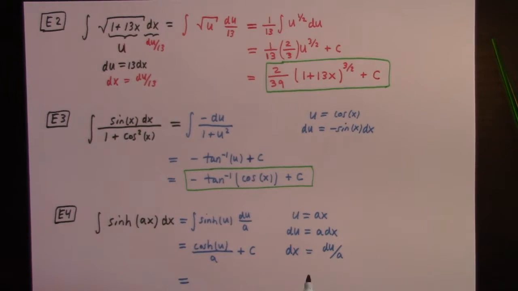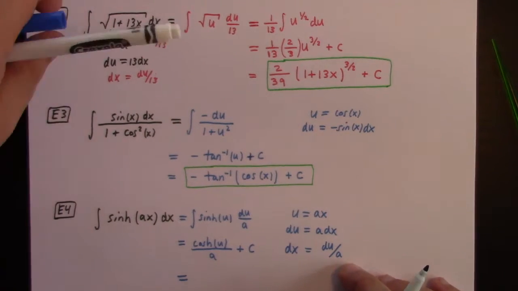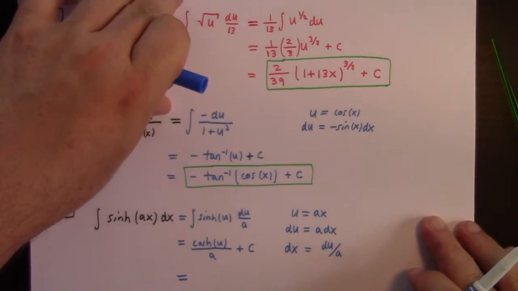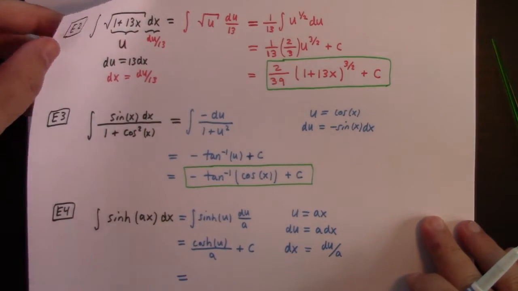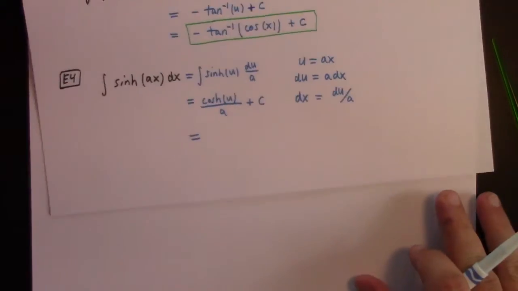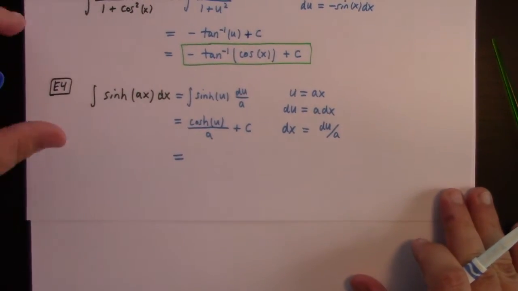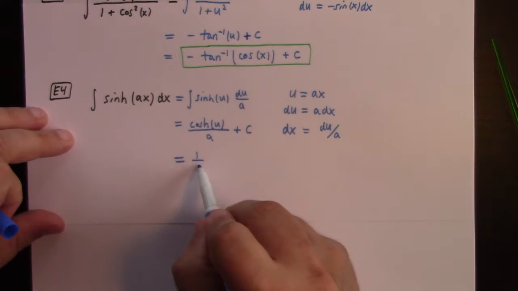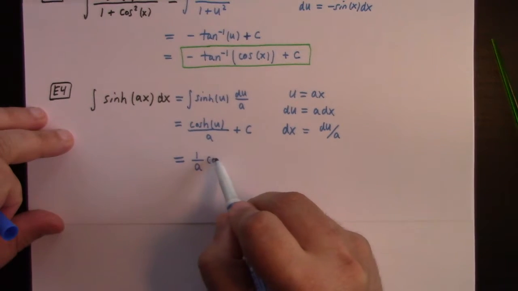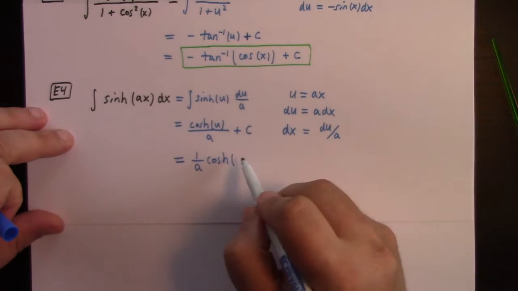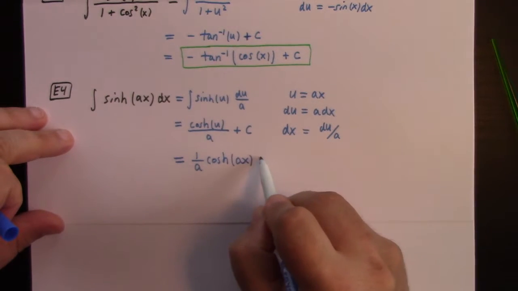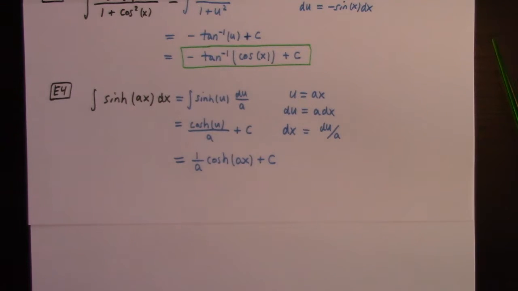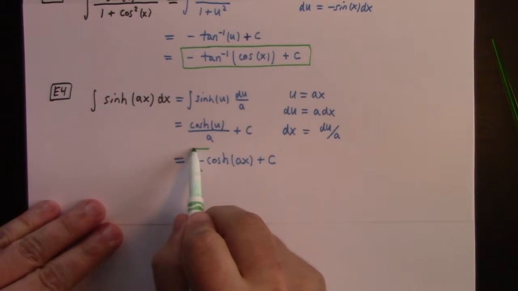So the answer then would be 1 over a, the hyperbolic cosine of ax plus a constant. And that's how you do that.